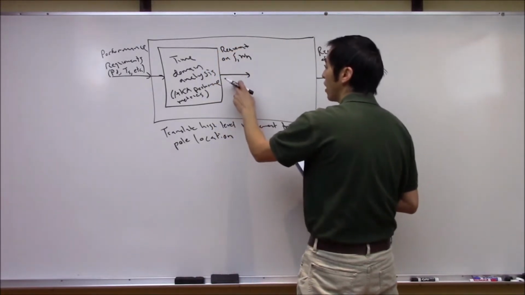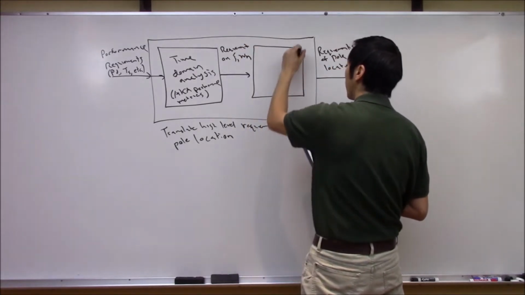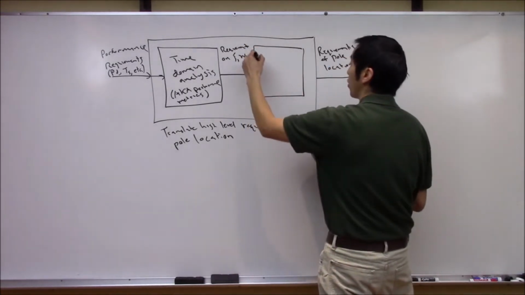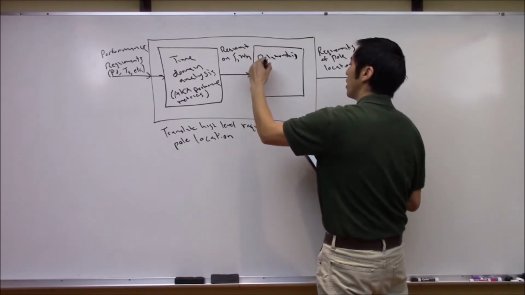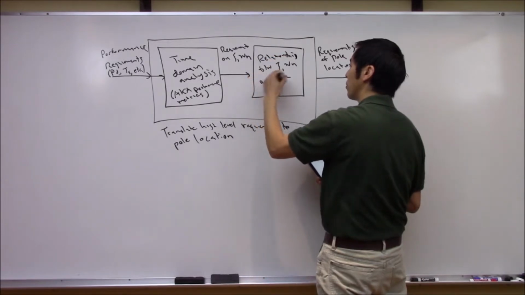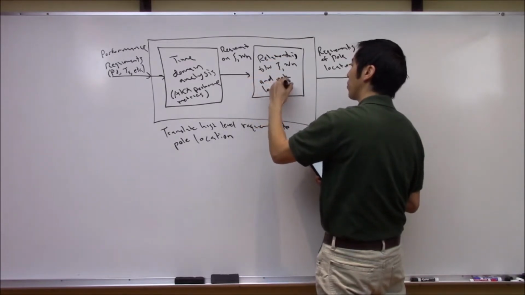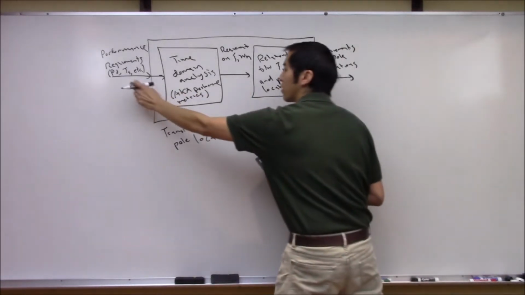And once we understood what zeta and omega n had to be, we took it one step further with another video where we looked at the relationship between zeta and omega n and pole locations. And that allowed us to specify where the pole locations needed to be in order to satisfy these performance metrics.